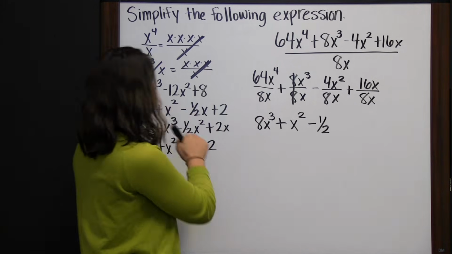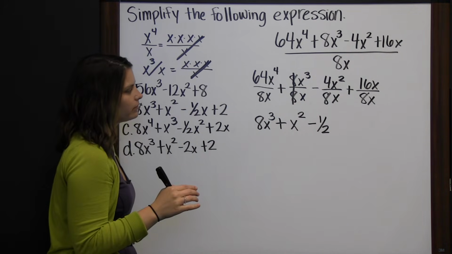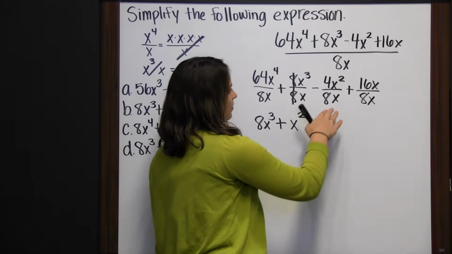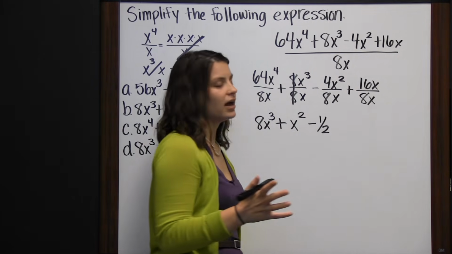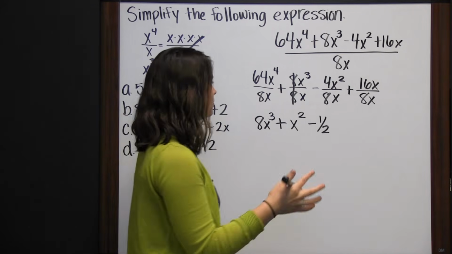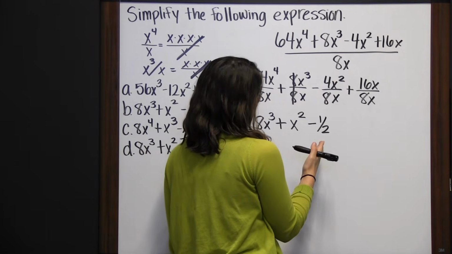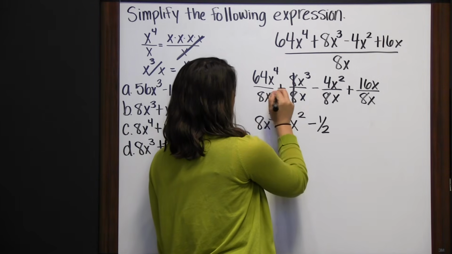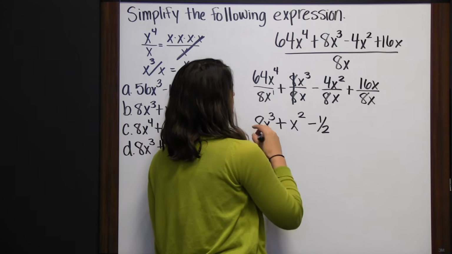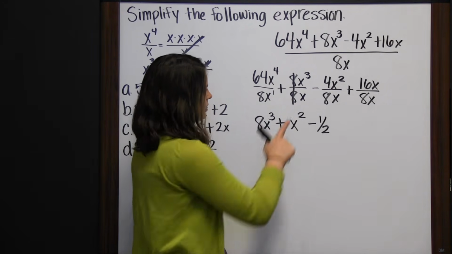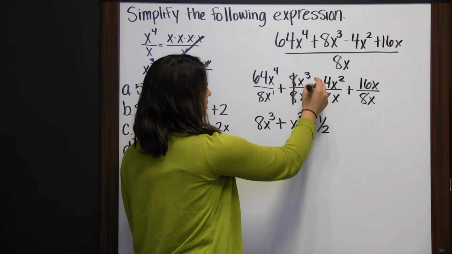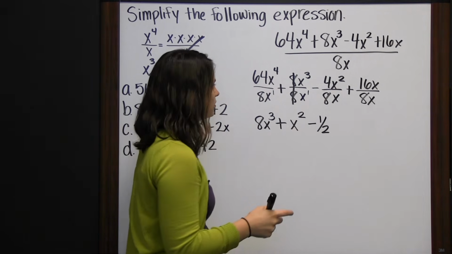You may have noticed from these two examples before that when we divide by x, or really when we divide at all, what we're doing is subtracting the exponents. So x to the fourth minus x to the first, or x to the 4 minus 1, x cubed. So here we have x to the 3 minus 1, x squared.